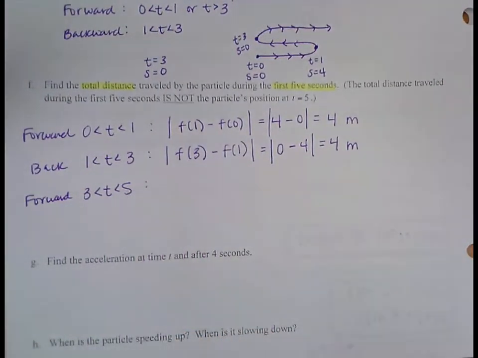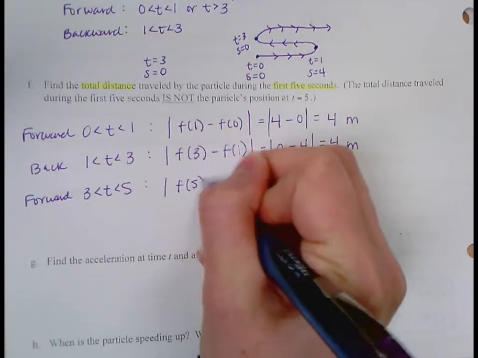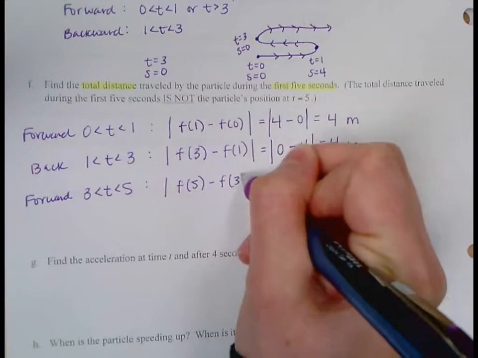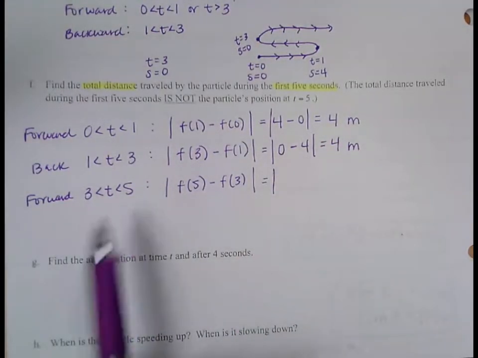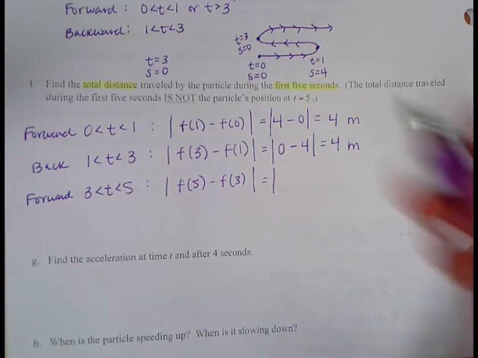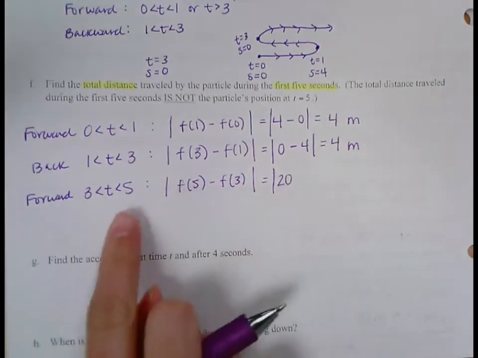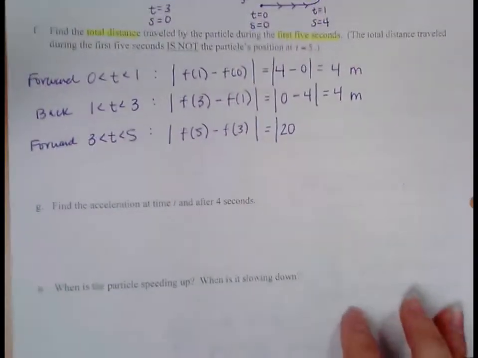And then from 3 to 5 seconds, we need the function value at 5 seconds, the position at 5. Should be 20. So the 5 is just substituted into our position function again.